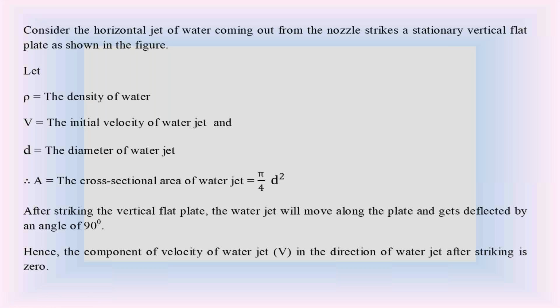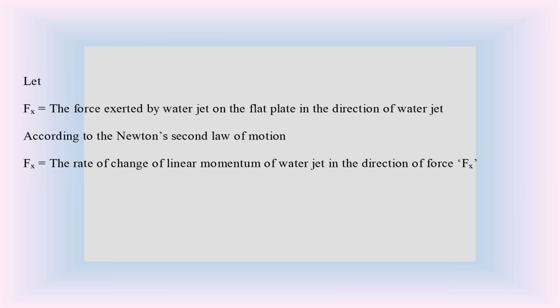Now coming to the determination of force Fx. Fx is the horizontal force exerted by the water jet on the flat plate. To find Fx, we use Newton's second law of motion. What is Newton's second law? Force Fx is equal to the rate of change of linear momentum of the water jet in the direction of the force Fx.